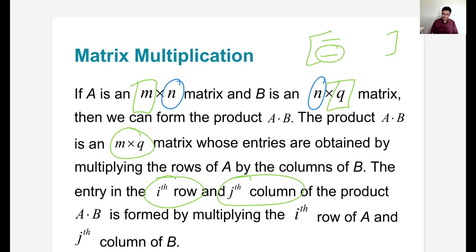Multiplying the ith row and jth column will produce the element a sub ij in the product. If you remember this logic, it's so nice that you can immediately apply it. First row and first column will produce the first row first column element in the product, and so on.